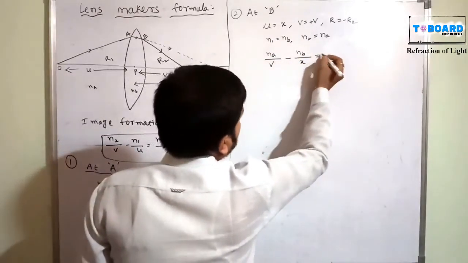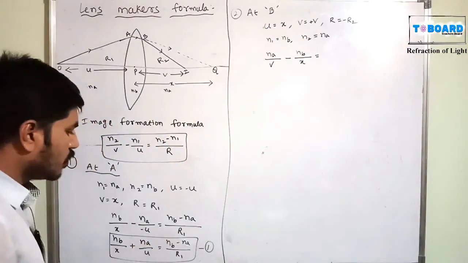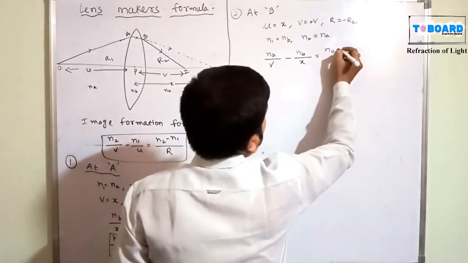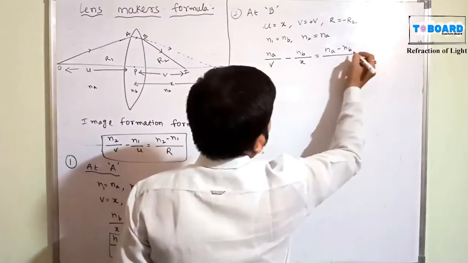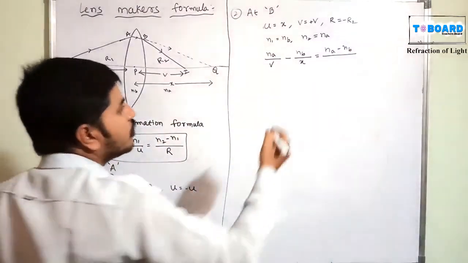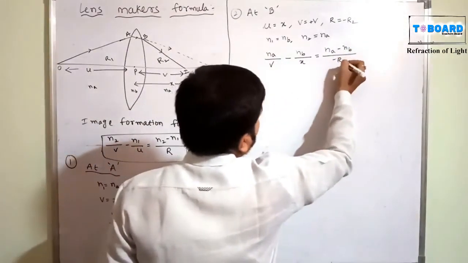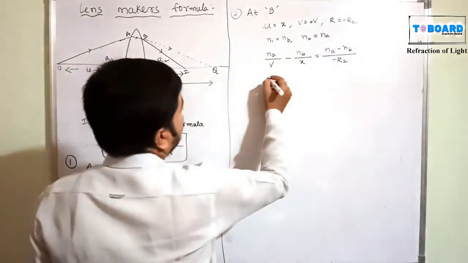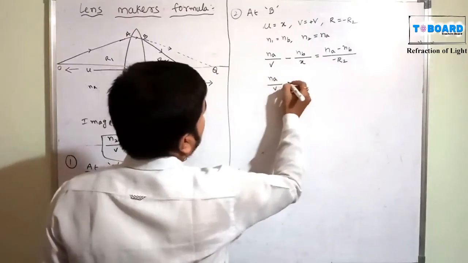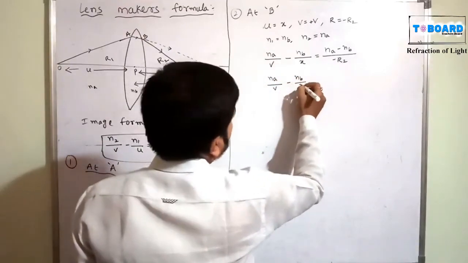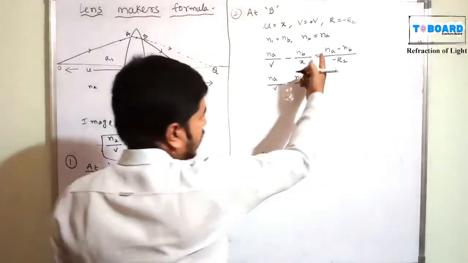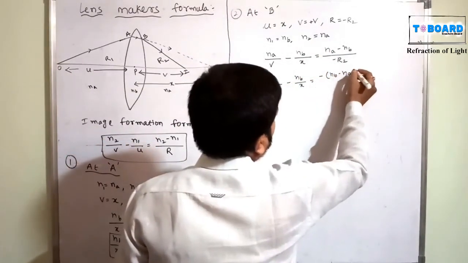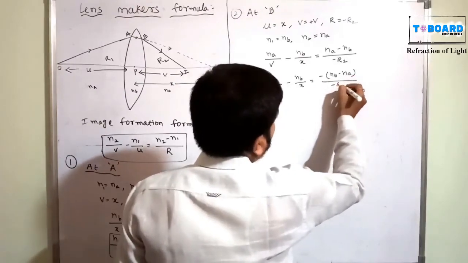That is equal to N2 minus N1, that is NA minus NB by, now it should be minus R2. If I take the minus common, NA by V minus NB by X is equal to NB minus NA divided by minus R2.